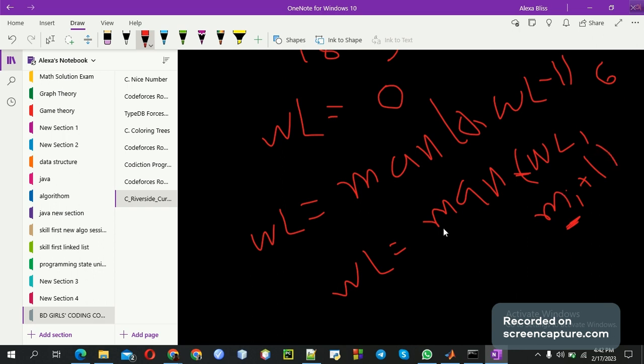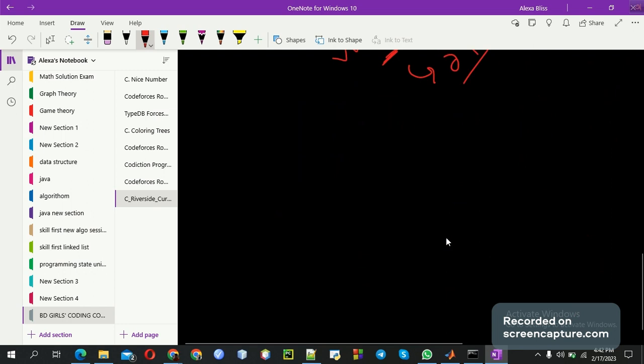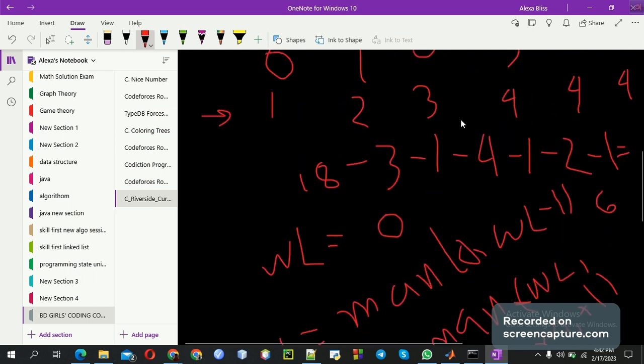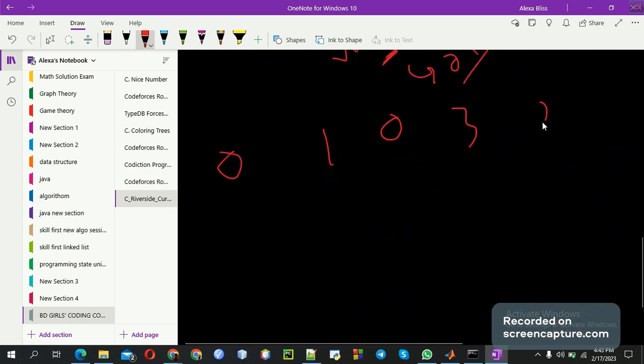And we have to remember these water levels in a dp array, one array or one storage which we will consider as the dp storage. If we use this formula, we will get 0 1 0 3 0 and 2.